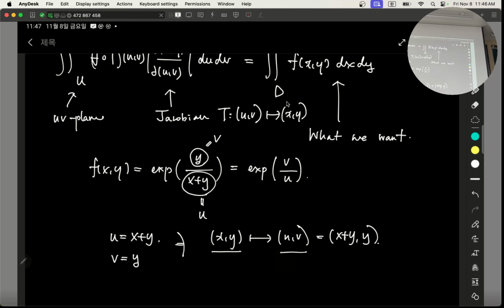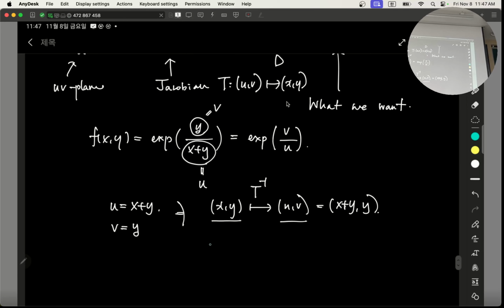So this is what we want, but this is actually the inverse of what we need to plug into the integration by substitution. So we need to find the actual T by reversing this. Let's rewrite this in terms of x and y. So x is u minus v and y is simply v. Therefore, T sends (u, v) to (u minus v, v). That's my xy.